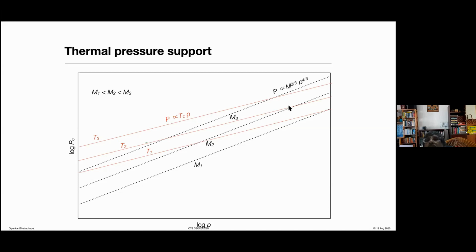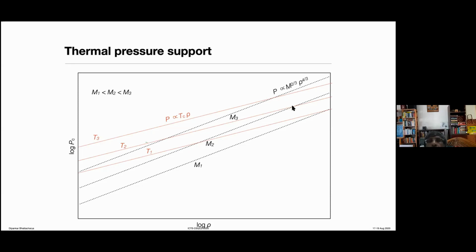When the star reaches here, the temperature will be T2, and so on. Now, at one of these temperatures, nuclear fusion will begin. And once the nuclear fusion begins, the temperature remains steady over there. And then that will represent the stable point of the star in this diagram for as long as that nuclear reaction stage lasts.